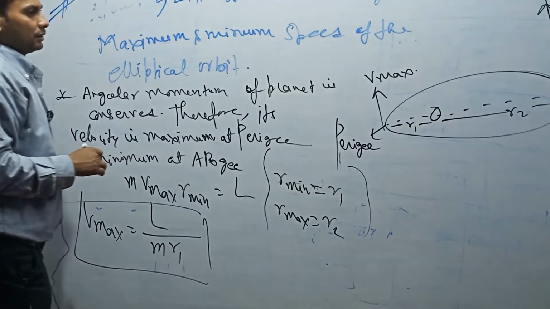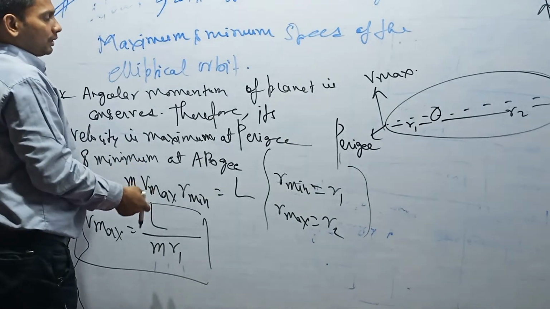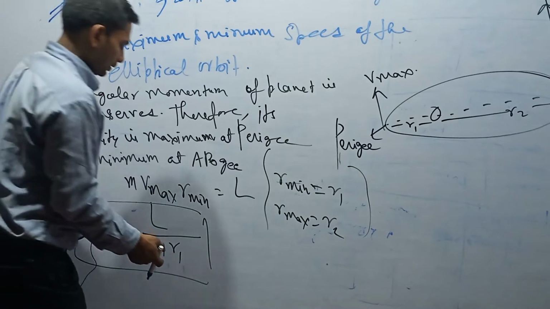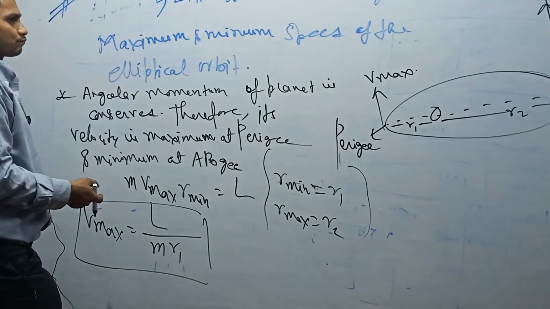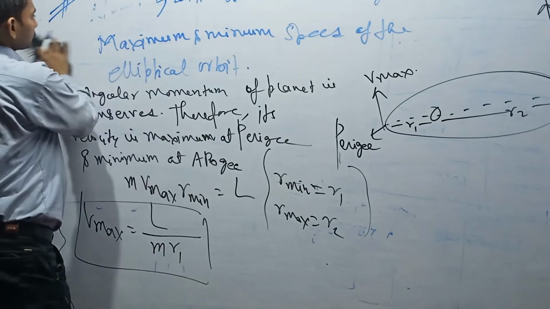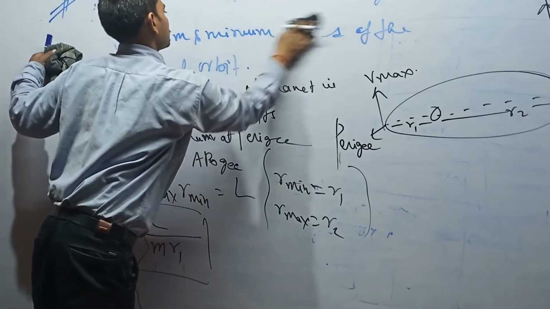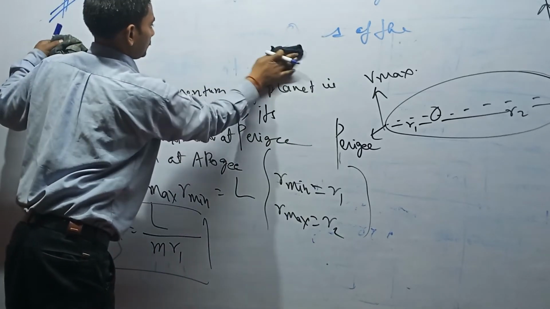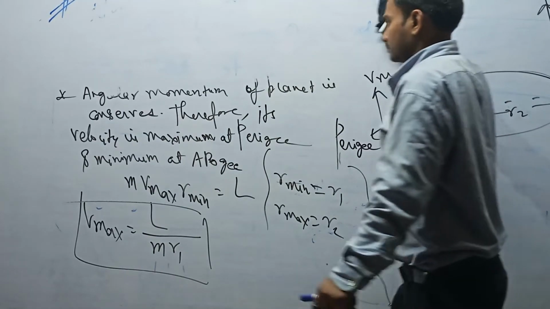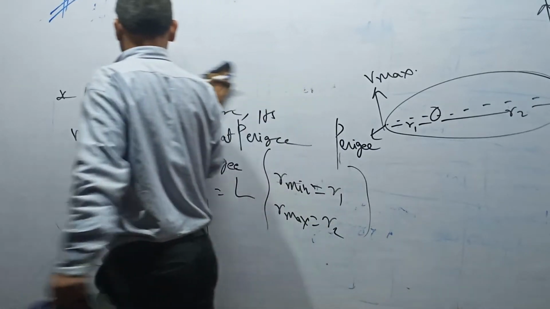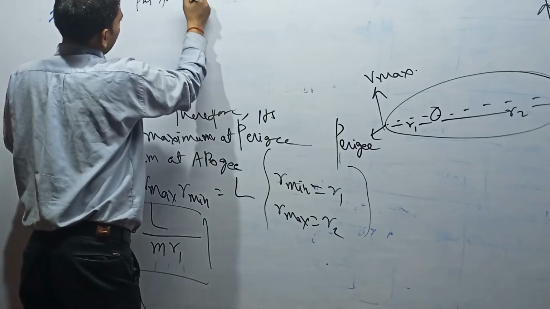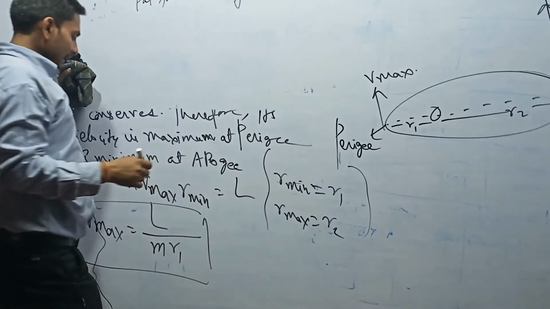Put the value of L and I will get the result of maximum velocity. Put the value of L.